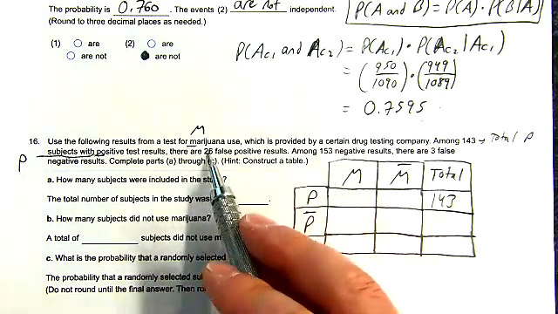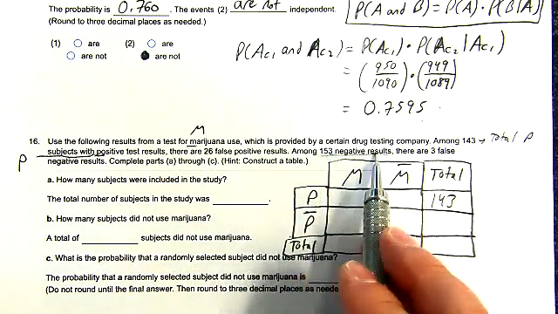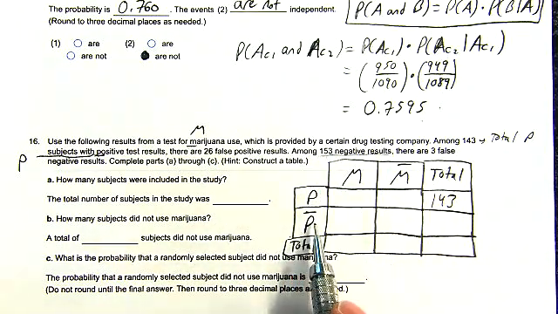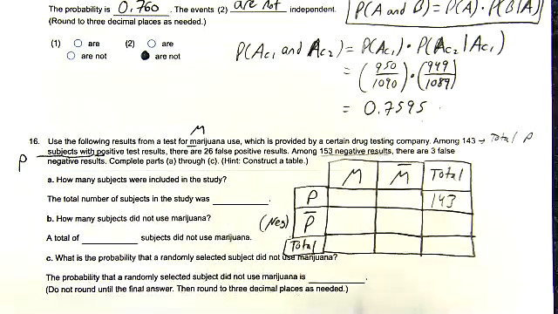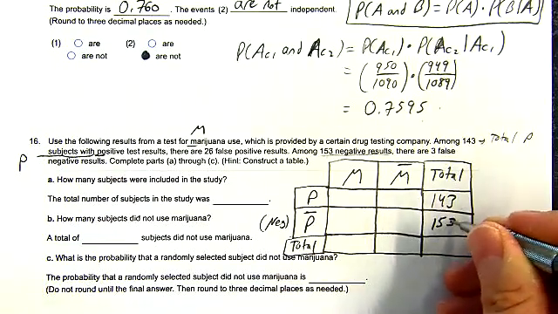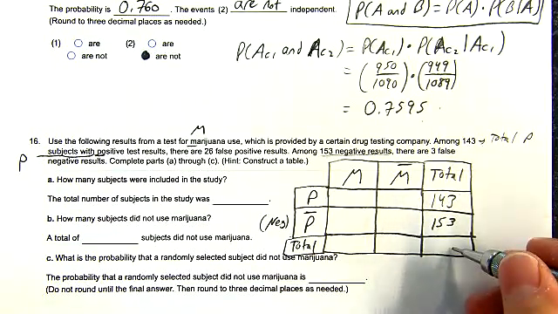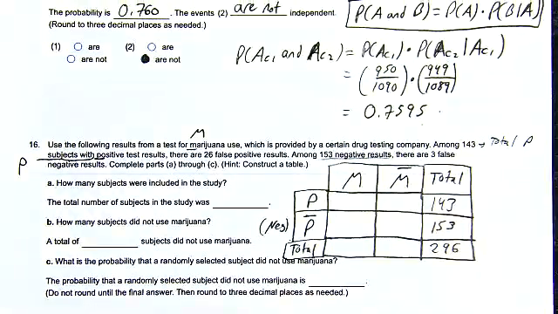I'm going to skip this piece of information for right now. This one says 153 negative results. So the total for P bar, which is negative, is 153. Now notice that immediately allows us to find the grand total, which would be 296. So we know we had 296 subjects for this test.